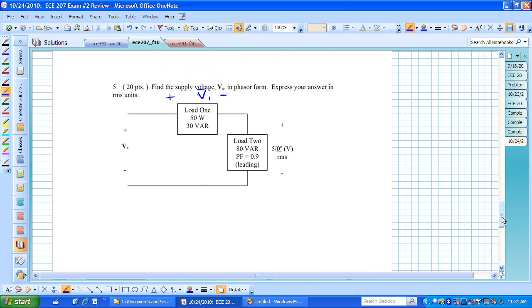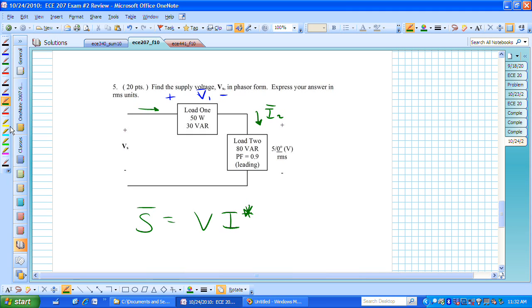In order to obtain something useful to find voltage V1, we could find the current I sub 2, the phasor form of that current. That's the same current as the current flowing through load 1. Once we know that current, we can use our complex power formula, which is VI star, and find the voltage that we want.